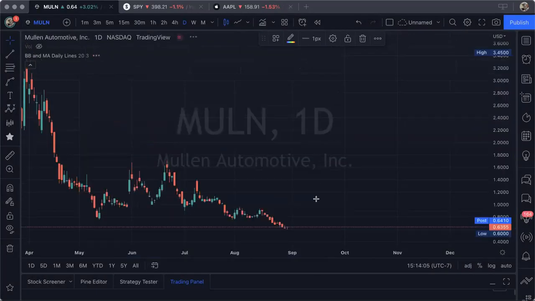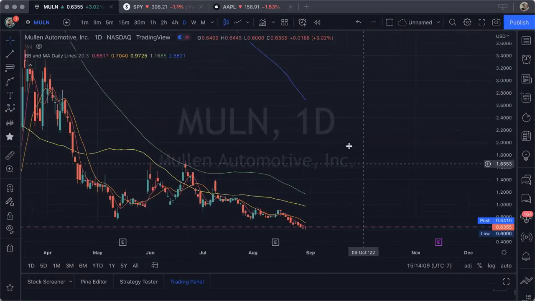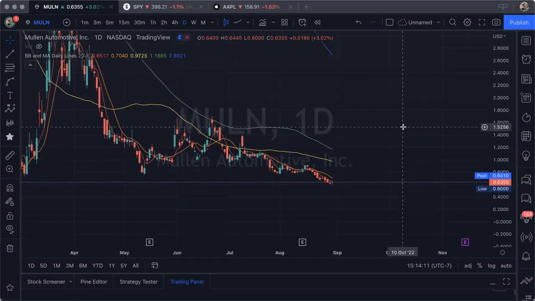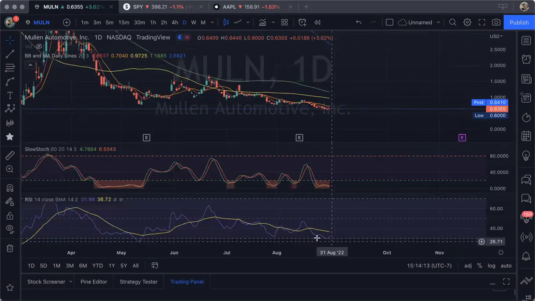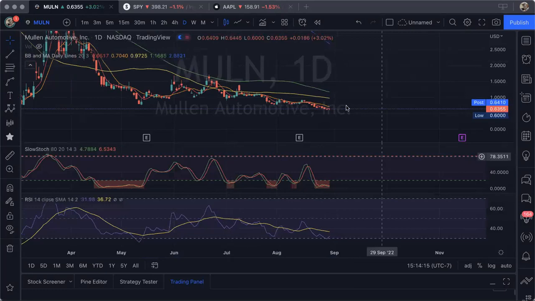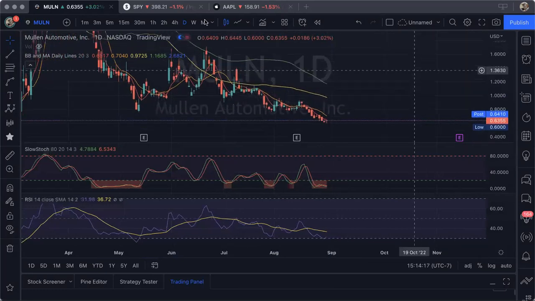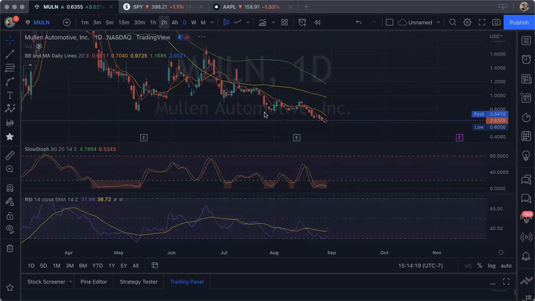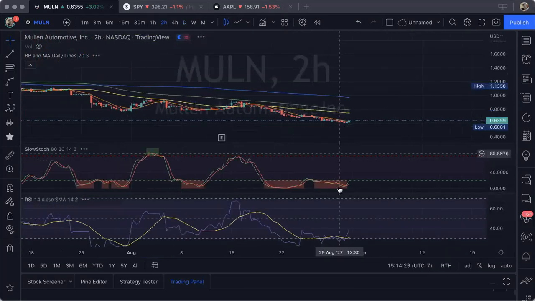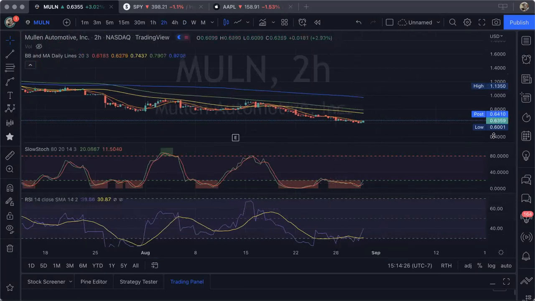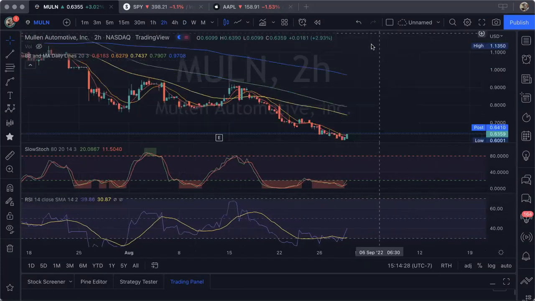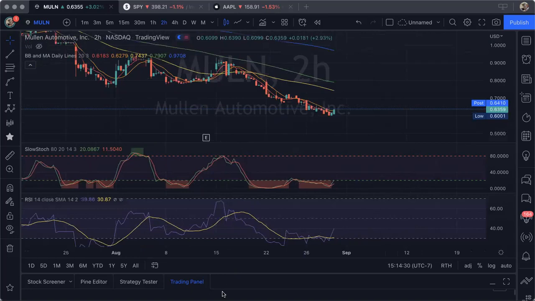MULN, I was trying to show you guys that there was that bit of divergence, but it's fairly small. This on the daily isn't exactly there, but if you go into something like 2 hour and 1 hour, you've got these things starting to curl here. Look at that. This coming down, this is starting to curl, this is starting to curl. 2 hour time frame.